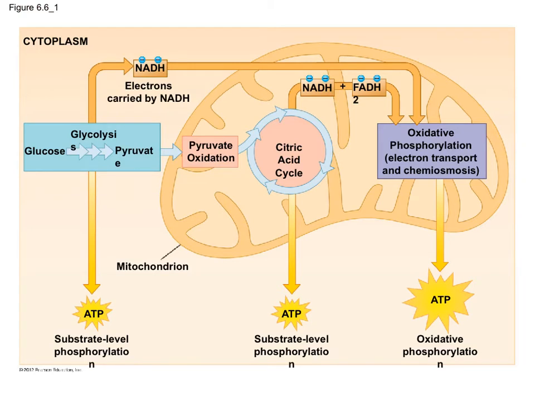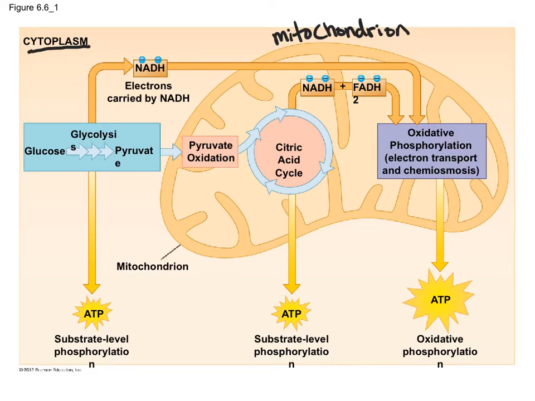So when you look at this image from your textbook, it may seem a little intimidating at first, but what I'm going to do is we'll just go over the basics right here first, so you understand where each one of these processes occur inside of the cell. So this jelly bean shaped structure, that's a mitochondrion, right? And then over here, the authors are showing you that's the cytoplasm.